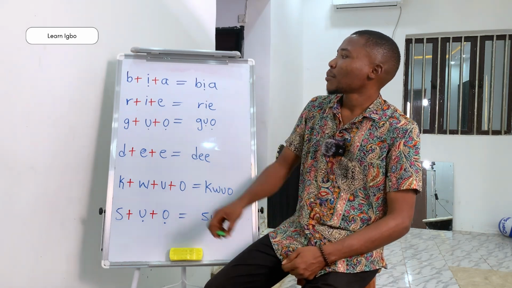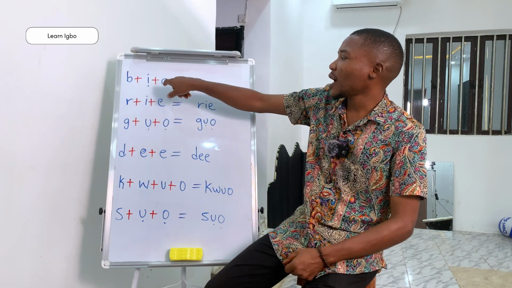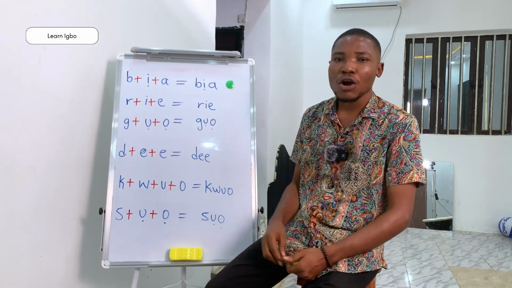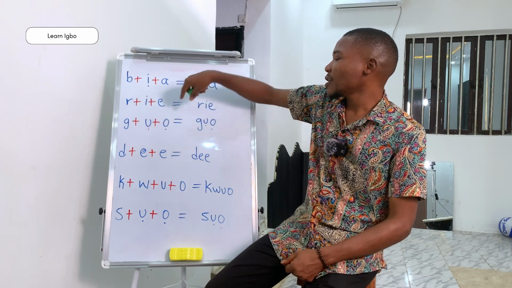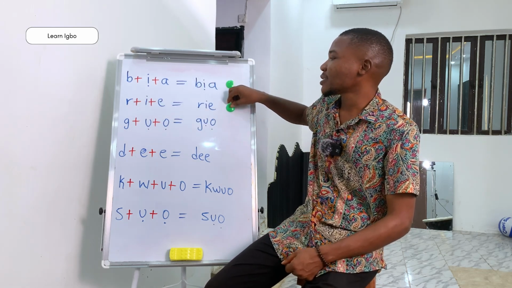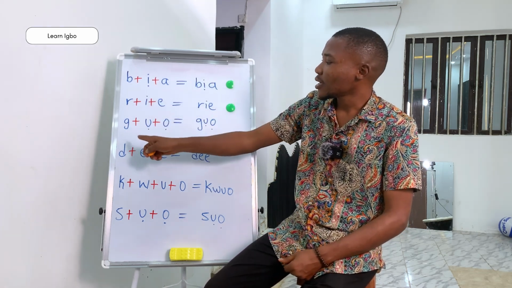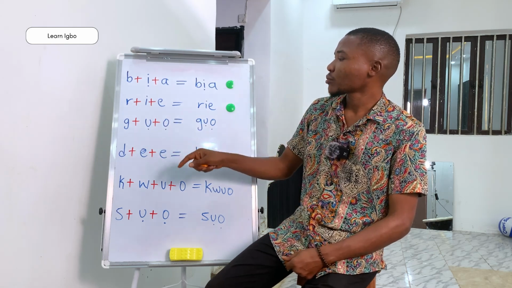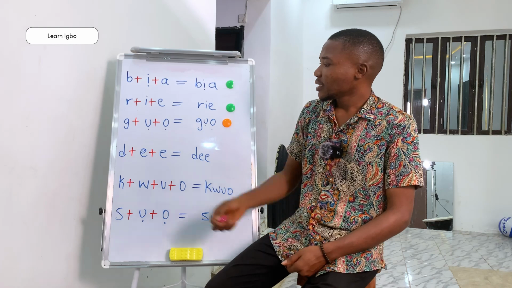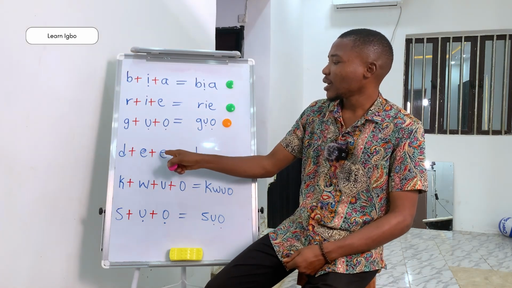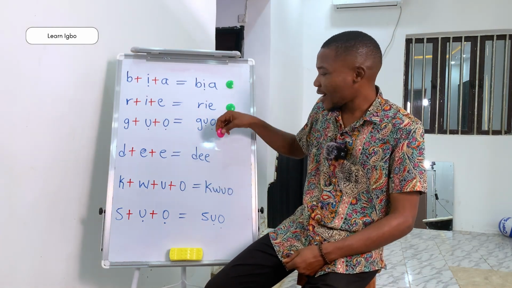We have B, A, A, Bia, come. Re, E, E, Re, eat. G, O, O, go, read. D, A, A, they, write.